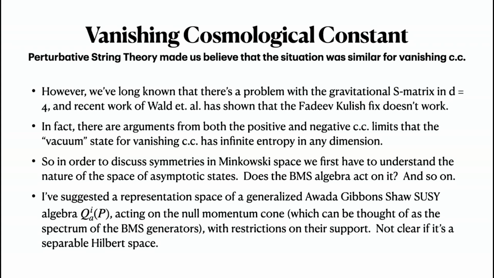So the idea that quantum gravity in Minkowski space is built on Fock space, which has a unique zero energy state, that can't be right, okay? And the problem in 4 dimensions is just the limiting extreme version of that. In 4 dimensions, the S-matrix doesn't even exist in perturbation theory.